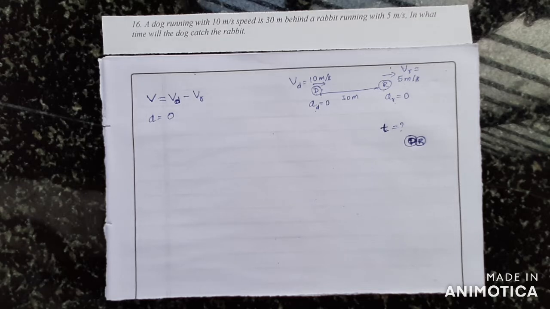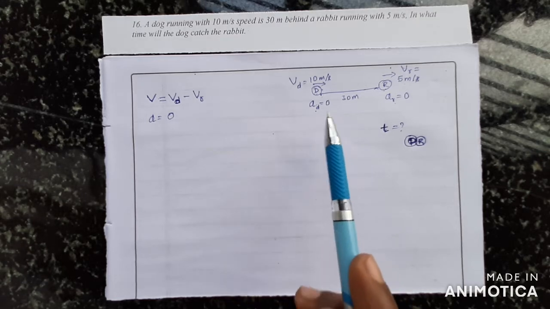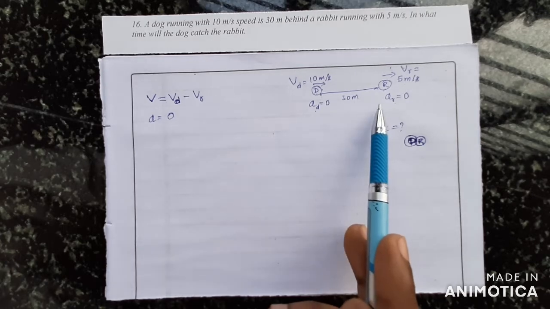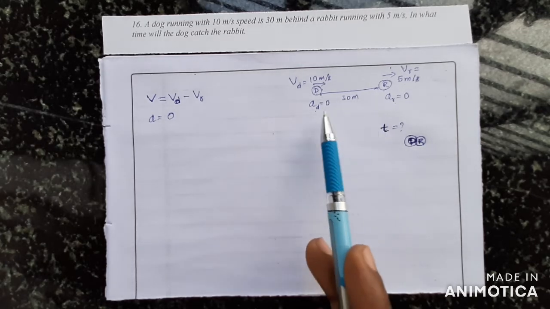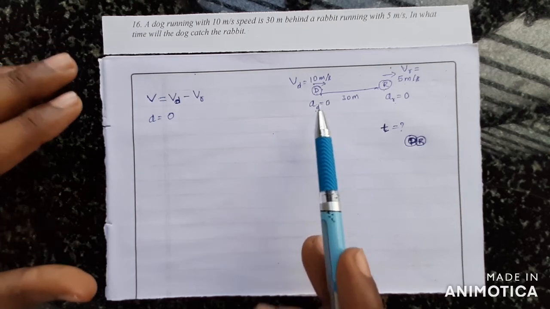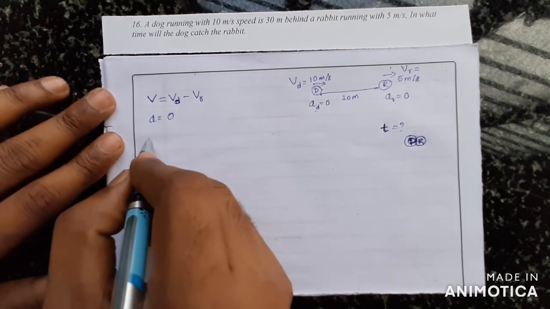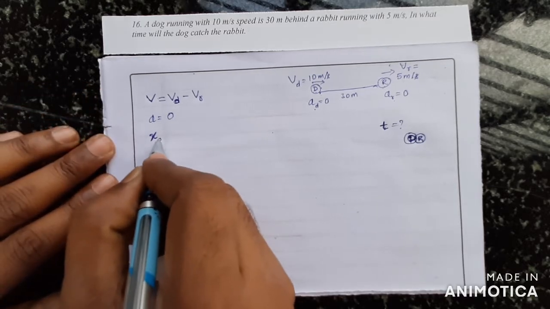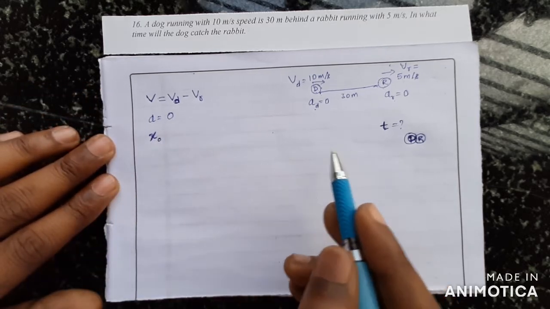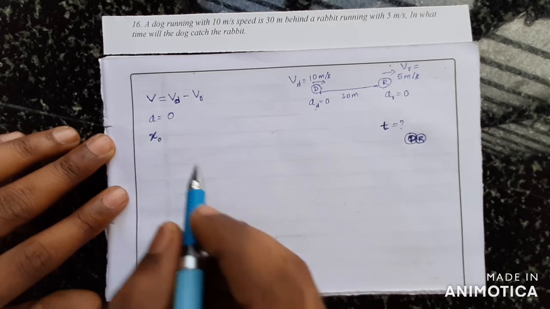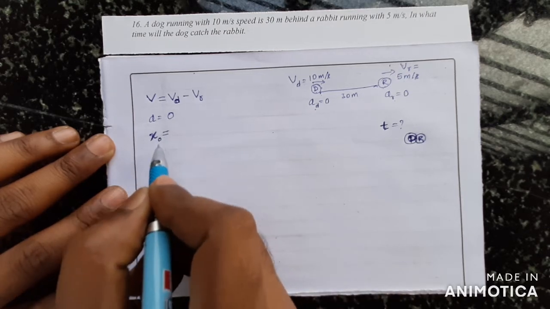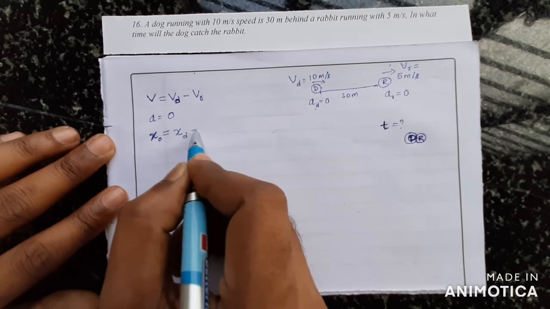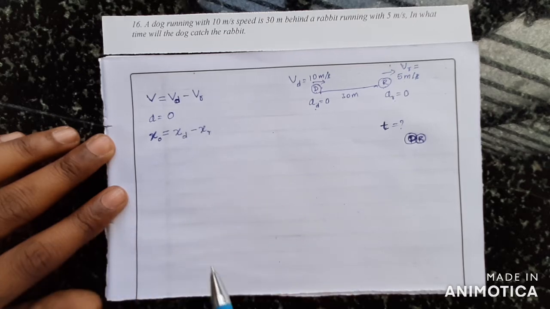And now let us look at the relative position of the dog and the rabbit initially. So relative position, which shall be taken as x or x naught, initial relative position, is equal to position of dog minus position of rabbit.